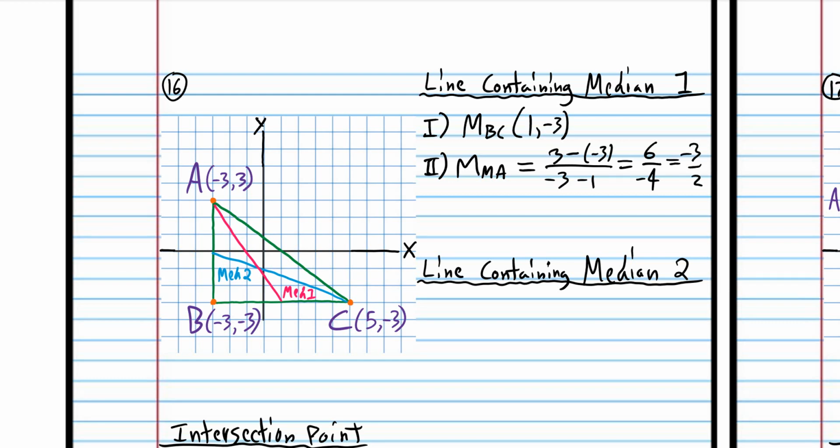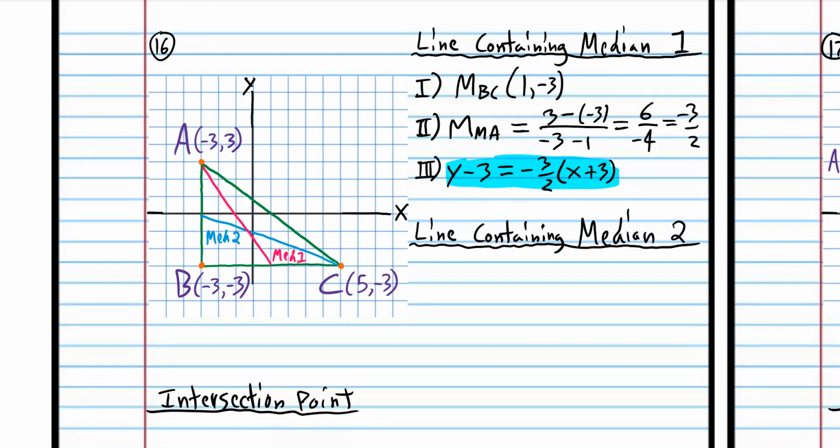And now we can just write the equation of that line. Using A, we have y minus 3 is equal to negative 3/2 times x plus 3. That looks right. So that is the equation of the line containing the median number 1.